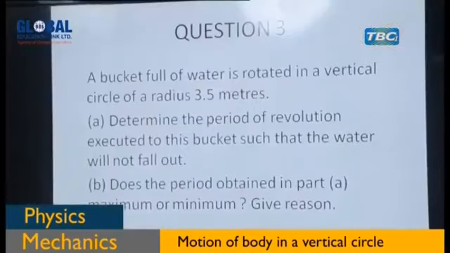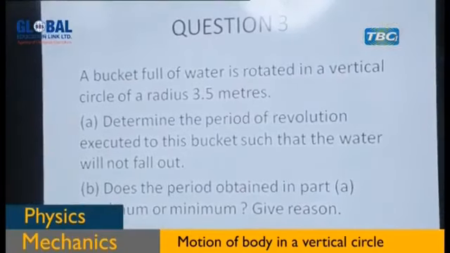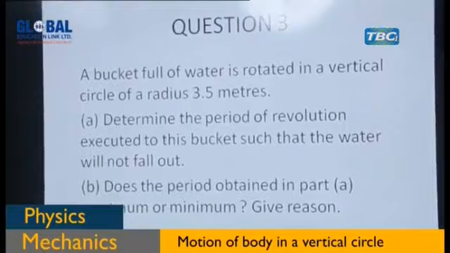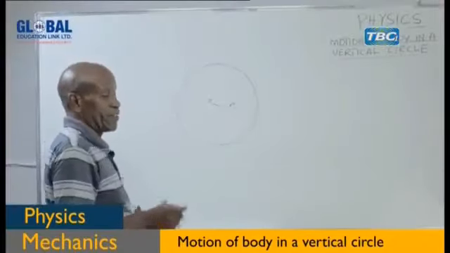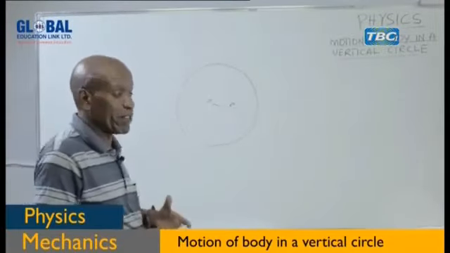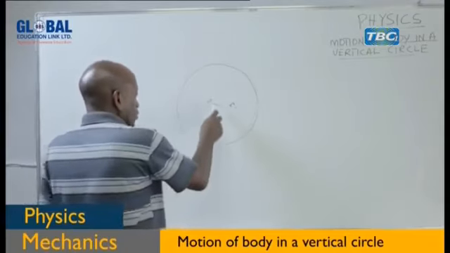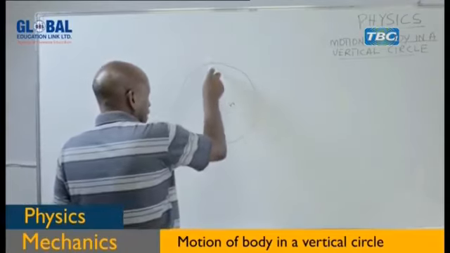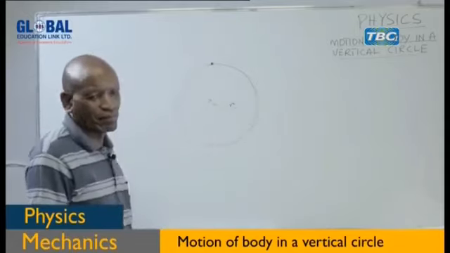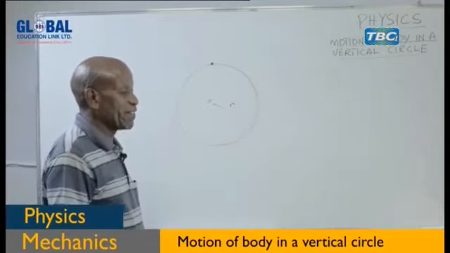This will depend upon the forces which hold the water in the bucket. Very basically, you need to look at the situation whenever the bucket is passing at the top.